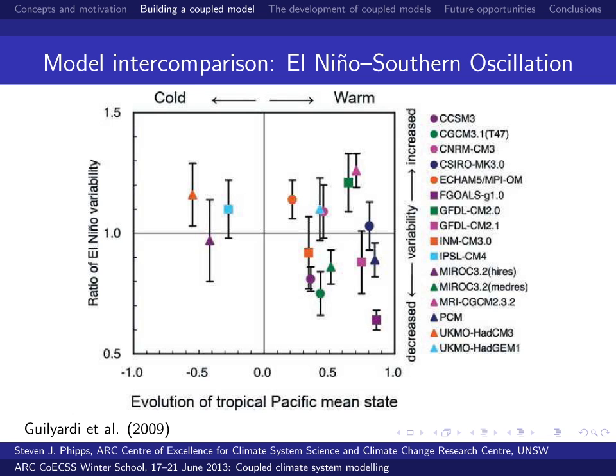And taking that even further, plotting now, same model, same scenario, this is changed ENSO strength along the y-axis. Along the x-axis is whether the tropical Pacific gets warmer or colder. Now, you can see that for a mid-range scenario by 2100, the models don't actually even agree on whether the Pacific will get warmer or colder. And some of the models on the left, like the IPSL model, are amongst those that have the most realistic climate.